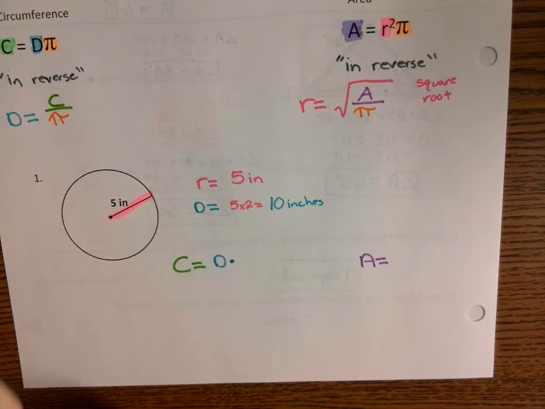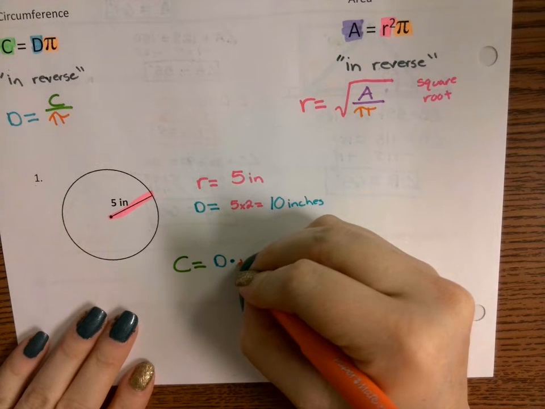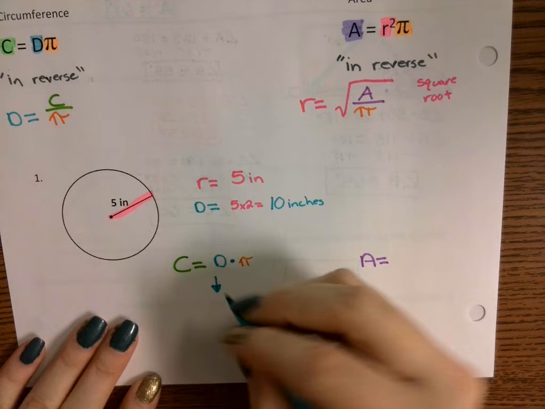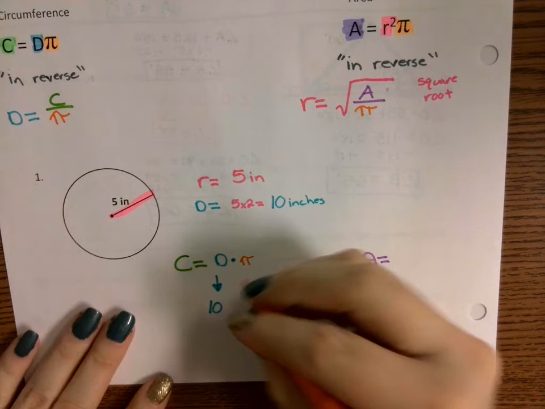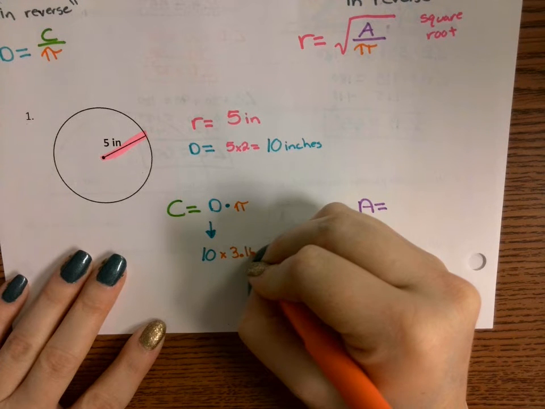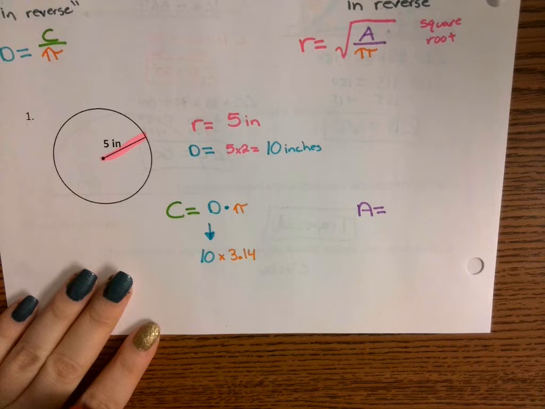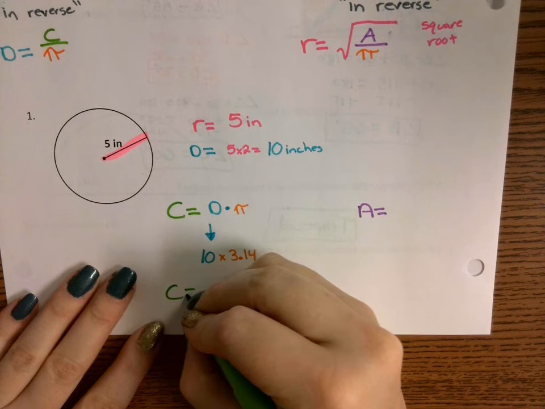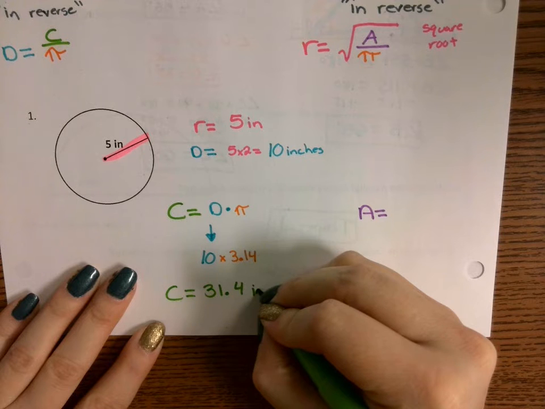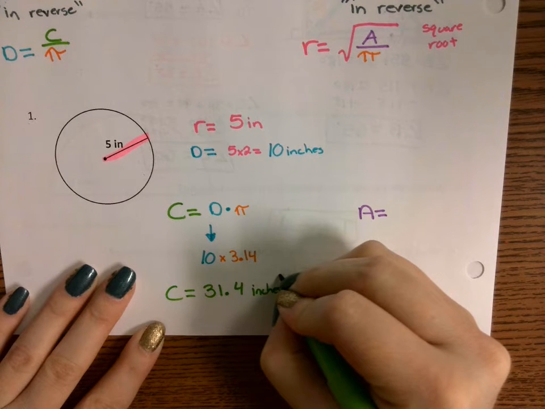So our diameter's measurement in this case is 10. We're going to multiply 10 times 3.14, and 10 times 3.14 is going to come out to 31.4, and that is inches. 31.4 inches.